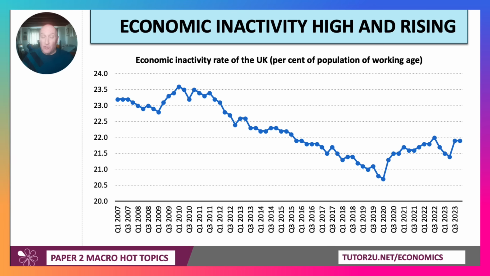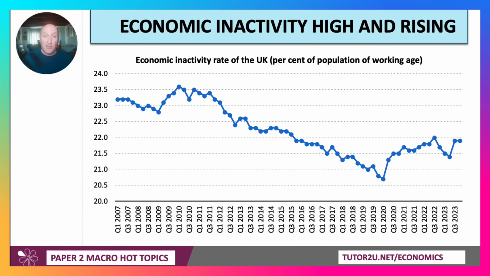But keep in mind, of course, that the figures are often inaccurate. There's big regional variations, and this is a really important chart. Economic inactivity has been rising again. And we thought we'd made progress in cutting inactivity, as we see in the chart here. But at the end of 2023, something like 21.5% or 22% of people of working age in the UK were inactive.